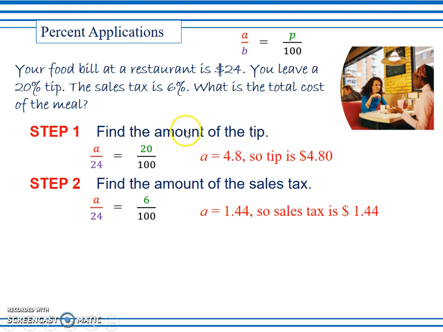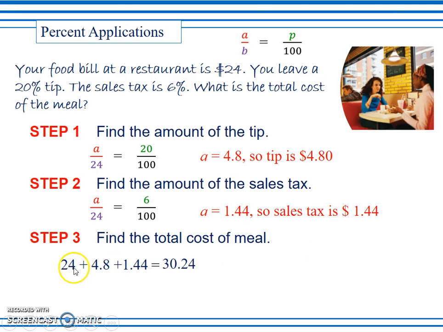So in addition to the $4.80 for the tip, they're going to pay $1.44 for the tax. Again, you only tax the food. So to find the total bill, I need to add the $24 plus the $4.80 plus the $1.44 to get $30.24. That's the total cost of the meal.